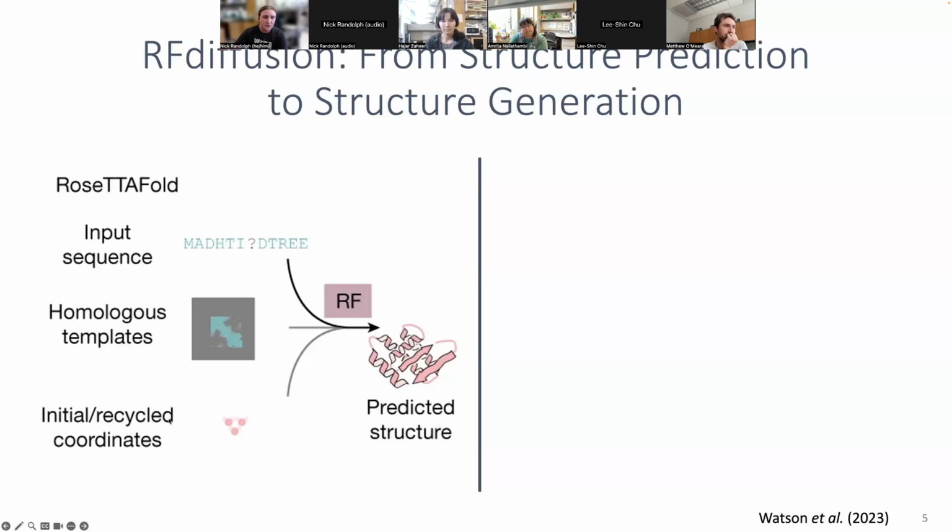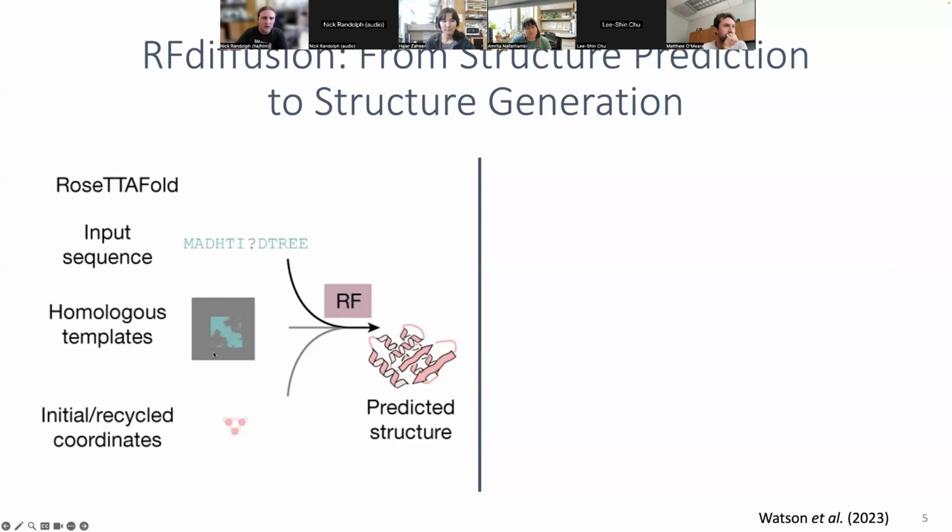Anyway, for the structure prediction portion of RoseTTAFold, traditionally it takes in an input sequence. This is just the query sequence that you're trying to fold. If I didn't mention, the structure prediction is given a protein sequence, what is the overall fold of that protein? So we're trying to predict the structure. So we give it the initial input sequence, the sequence of the query protein that we're trying to fold.